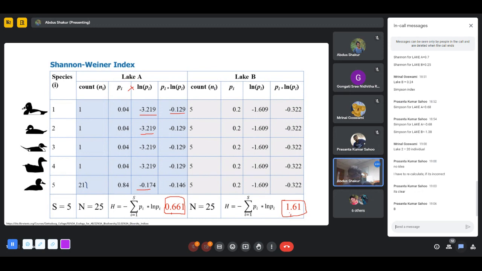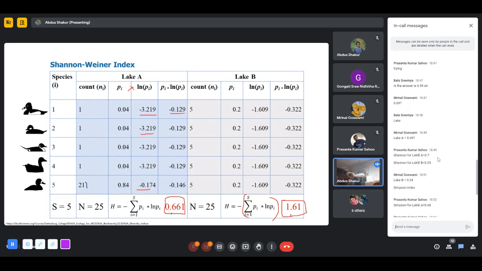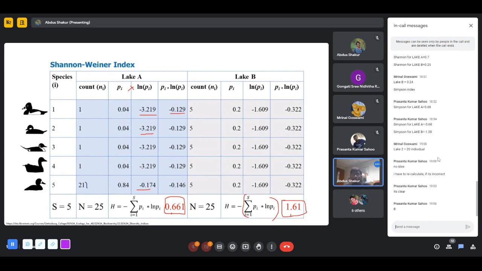Once you add all these things, you have to multiply the whole value by minus, because once you take logs, your values are all negative. So once you add it up, multiply by minus so that you don't end up with negative values. I think some of you might have reported the values as negative.